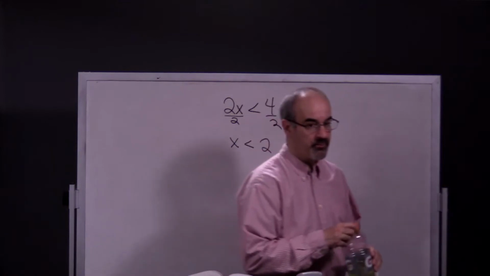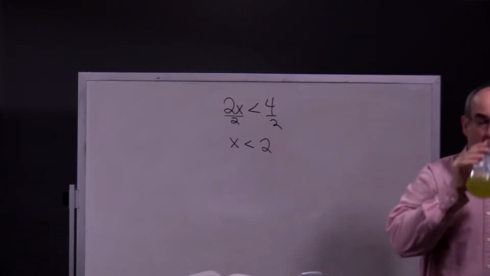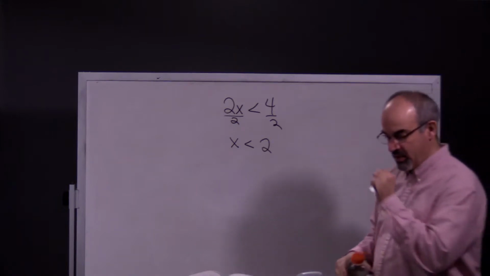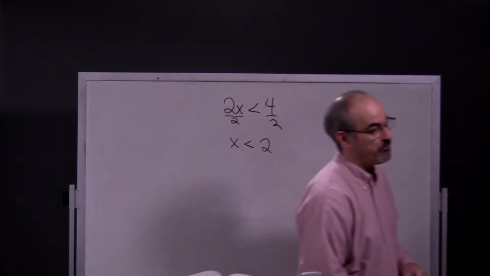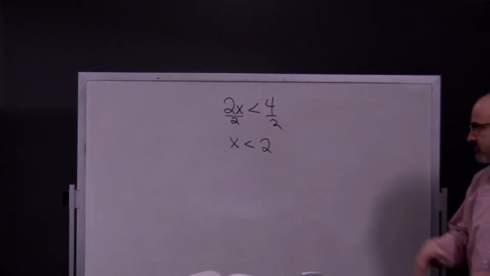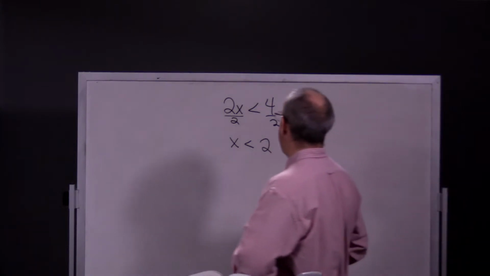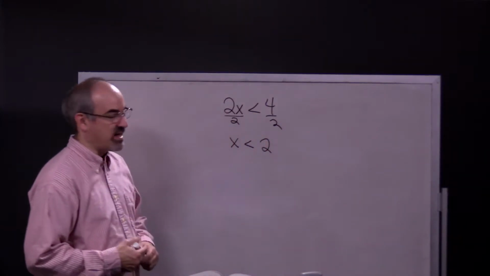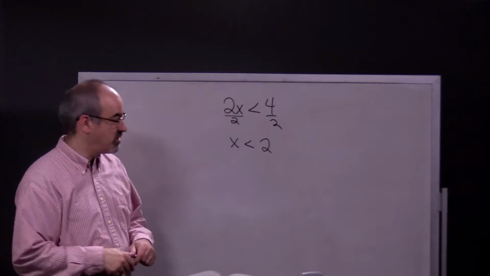Now, you can check your answer. You can check your answer by just picking numbers that work, basically. In other words, my answer is x is less than 2. So that means, if x is less than 2, 0 must work.